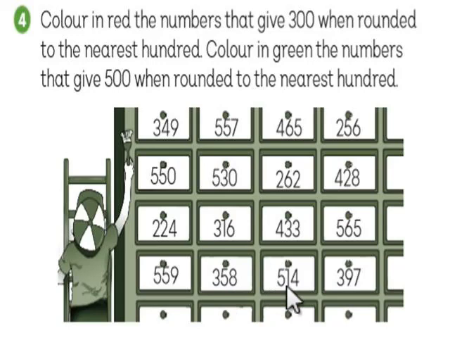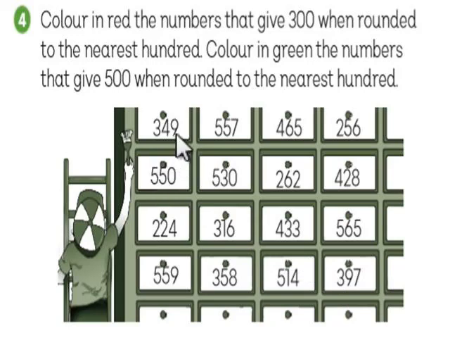Yes. When we round 514, it is 500. So we will color green. How about 397? Can we color 397? No. Why no? When we round 397 to the nearest hundred, it is 400. So the answer, no, no color. Okay? Did you get it?